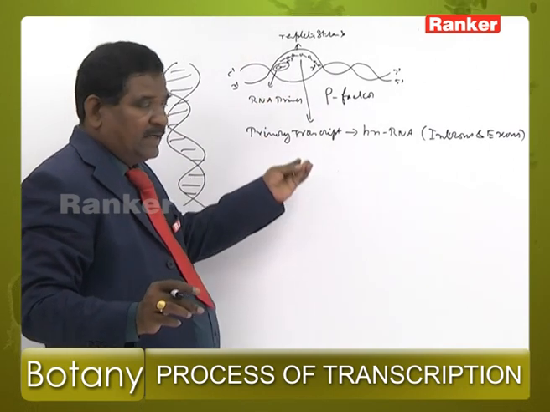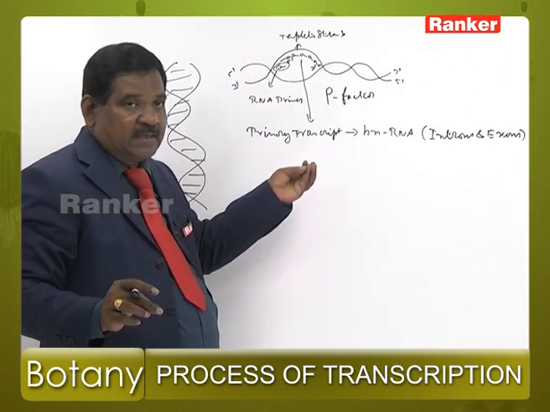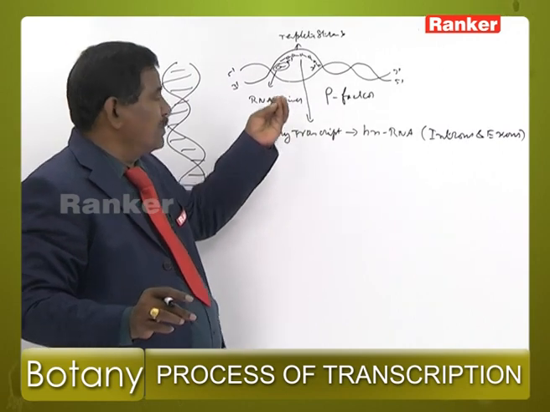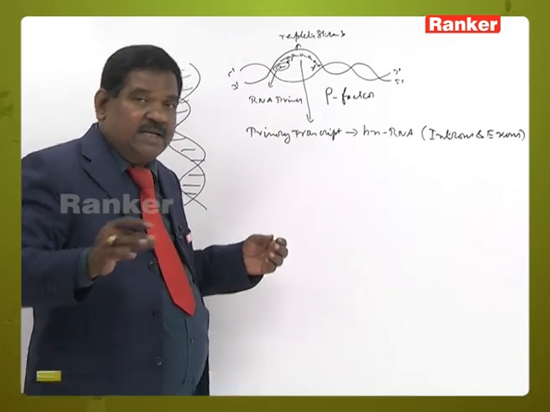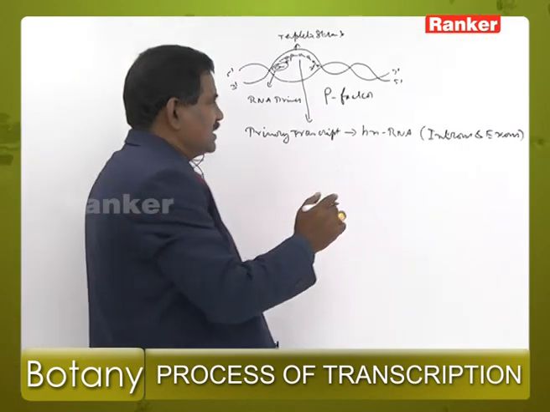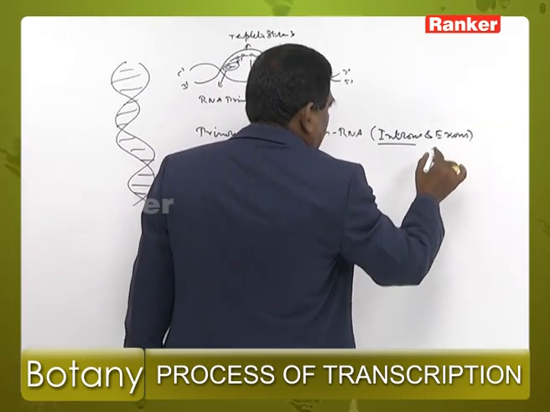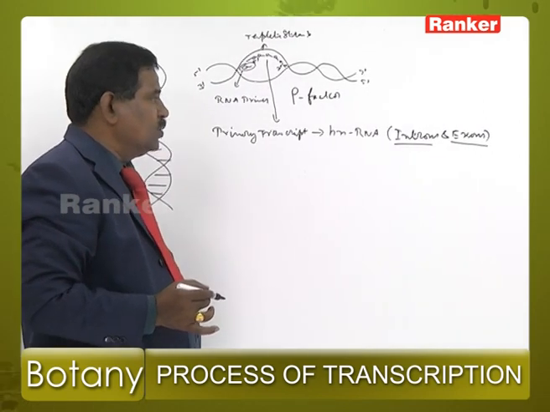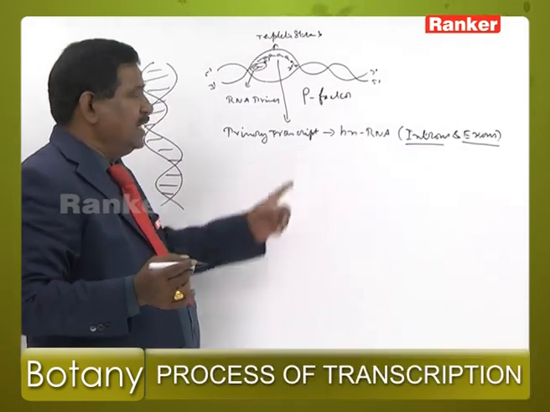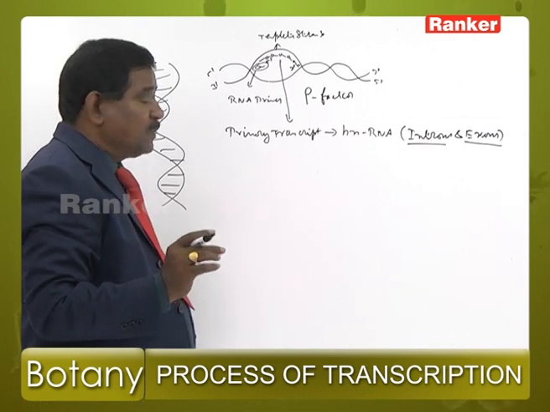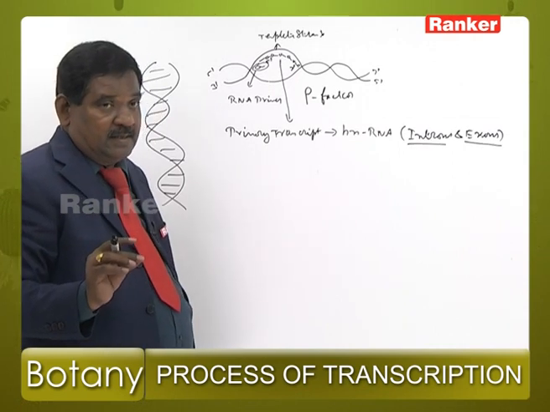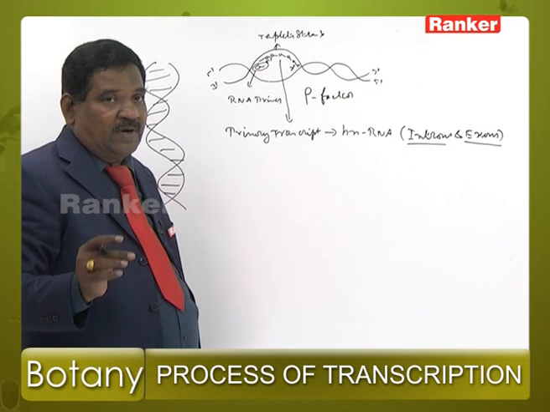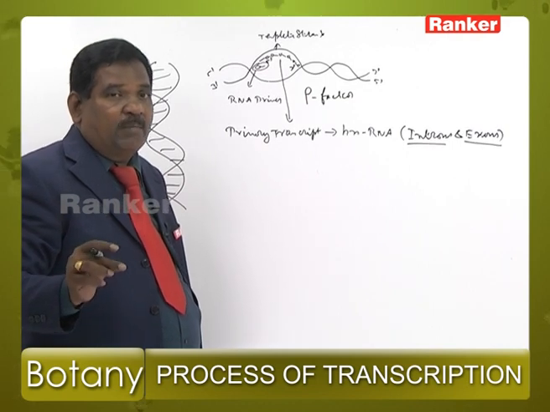The RNA formed from the template strand contains these two regions, unrequired sequences called introns and required sequences called exons. RNA with both introns and exons is called hnRNA. It must be processed to form the functional mRNA.